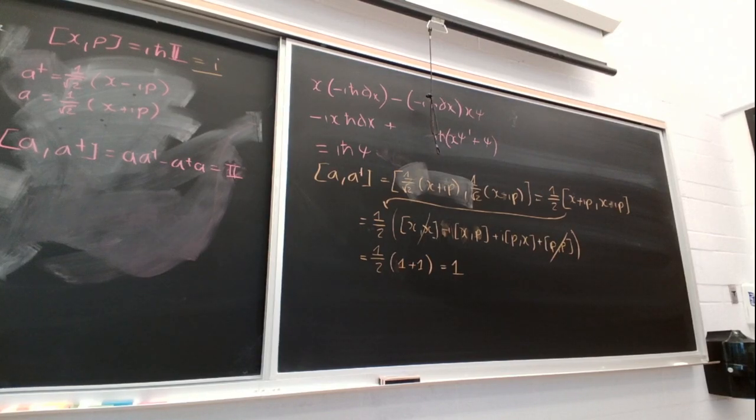But trace is cyclic, so trace of AB has to equal trace of BA. You can just check that. So trace of AB minus BA has to be 0, and that equals n, because the traces of the identity add up the values to n. So this is not possible for a finite dimensional vector space.